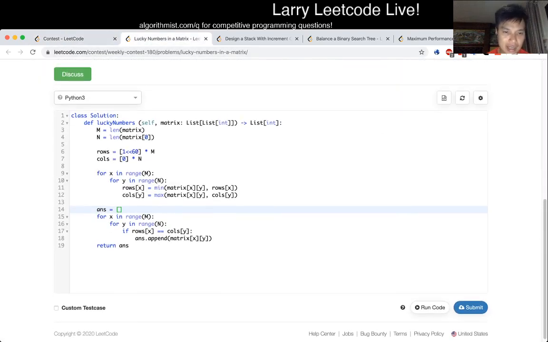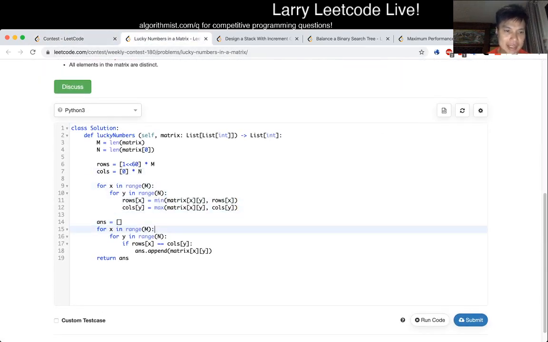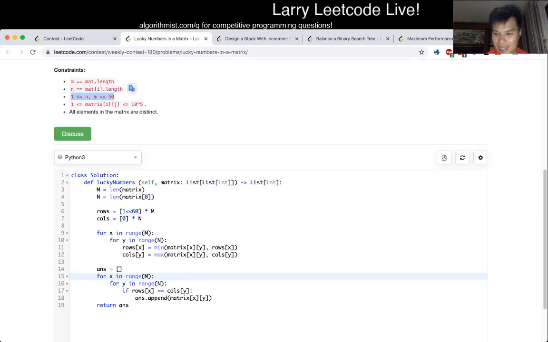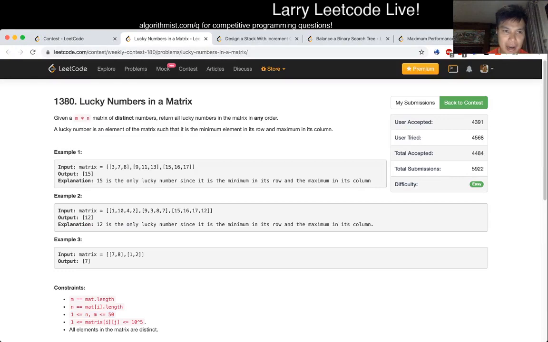I did an n squared, one pass, but now seeing more specifically that n is 50, you probably could get away with an n to the fourth algorithm or something like that, which is maybe fine. But that's what I have for this problem.